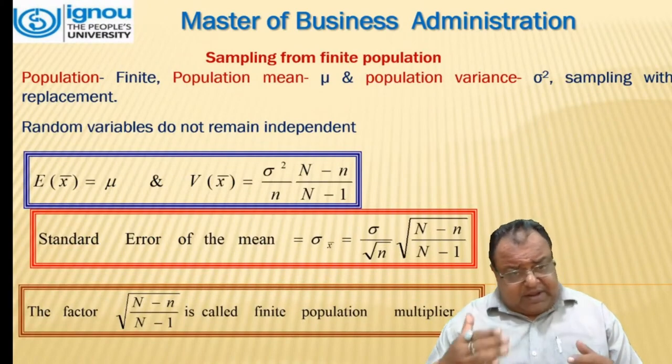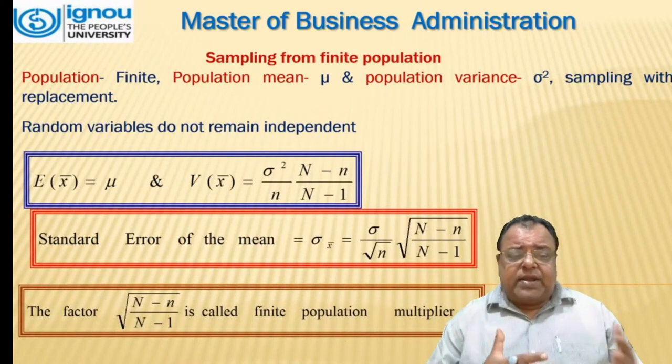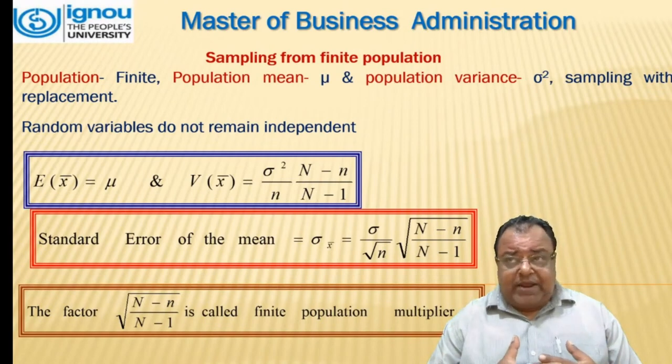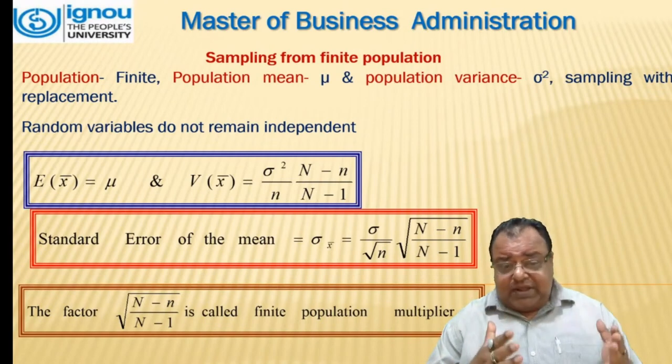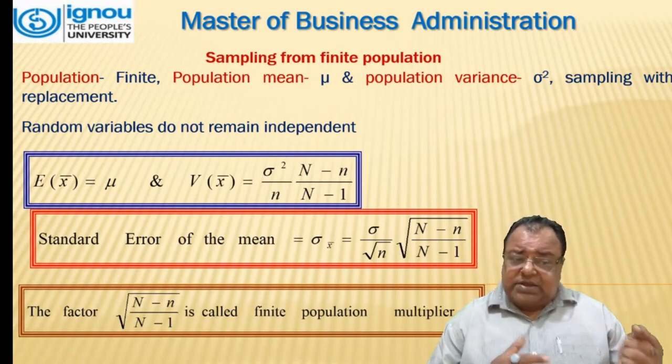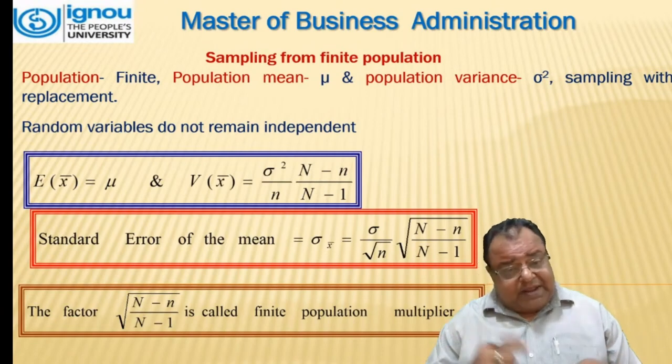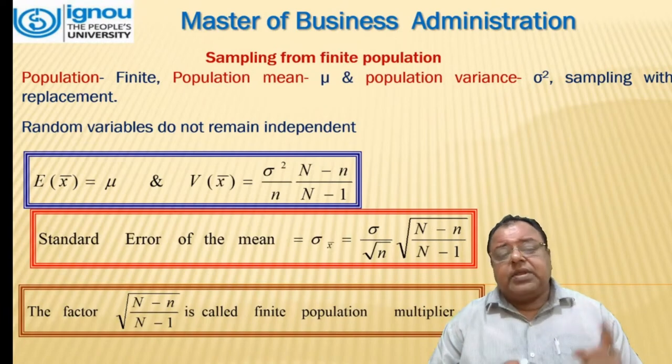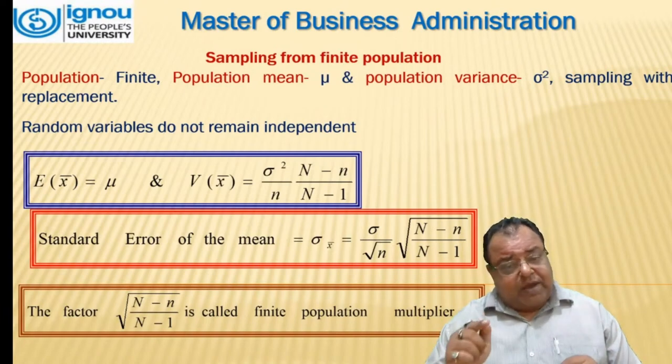Now the condition is different: the random variables do not remain independent. You see, there is a change now. E of x bar is equal to mu, that is the same, but the variance has changed. That is, V of x bar is equal to sigma square upon n into (N minus n) divided by (N minus 1).